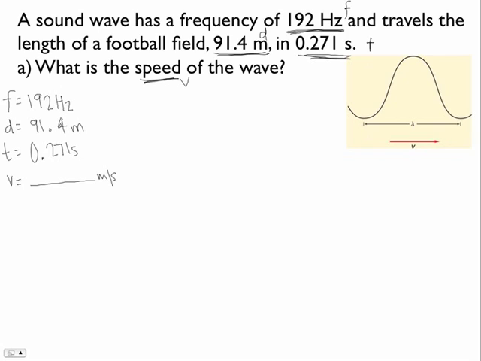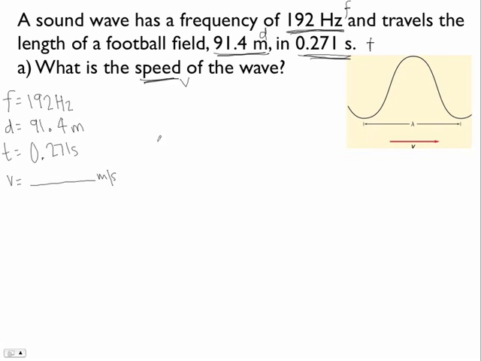Okay, so I have my frequency, my distance, my time. You can see I've left a space for velocity, and I've got units. So I'll take points off your quiz or your test or your lab if you don't put units. So if you leave a space for the answer and you already put the units in, then when you put your numbers in, you can't forget the units because you've already written them down. And so it's pretty handy.